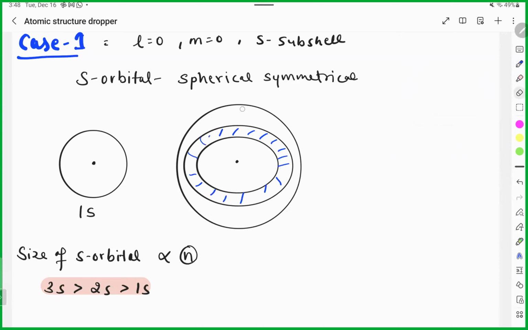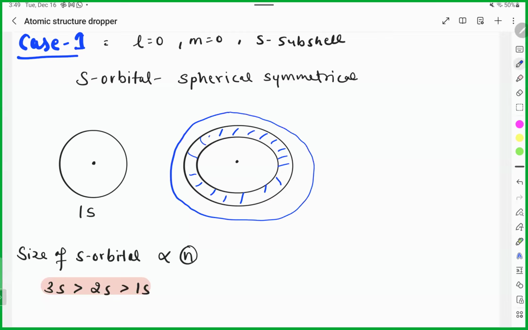I will rub this and make it elliptical. You should make it spherical actually, but by mistake I made it elliptical. It should be elliptical only, otherwise it looks weird. So this blue region is known as a node.